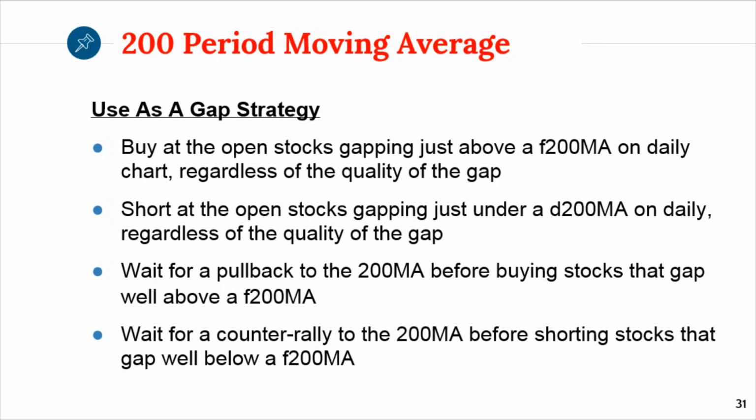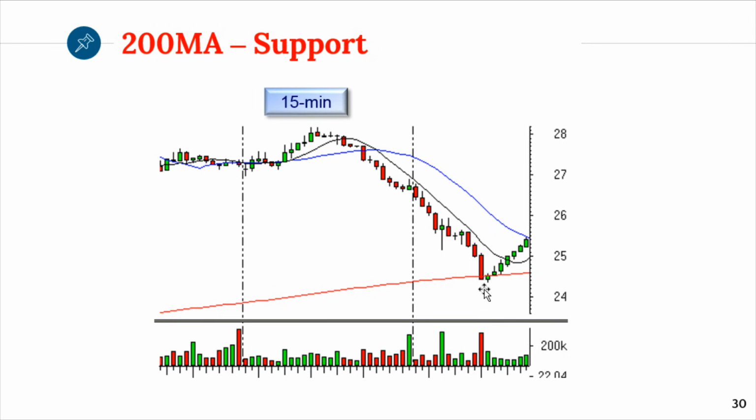So if enough people buy right off the 200 in this case, even if there's no support to the left, the stock is going to bounce off of it. So the 200 period moving average becomes support, even though it's just a line on the chart that people react to. So keep that in mind.